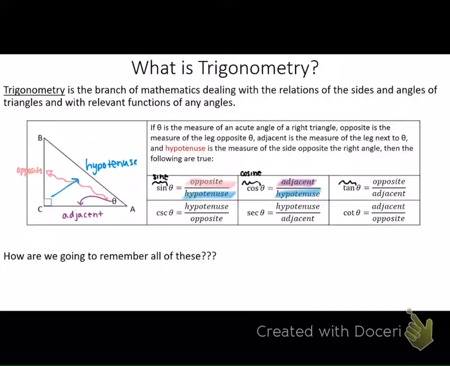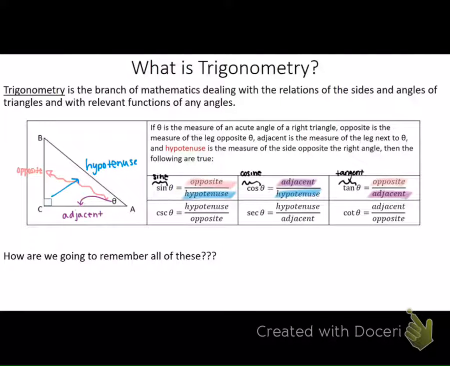Okay, tan is short for tangent of theta, which is the angle A in this case, and that is opposite over adjacent. So you take the side opposite over the adjacent side. The cosecant, secant, and cotangent are the reciprocals of these.